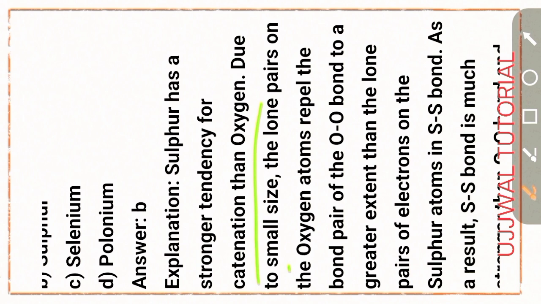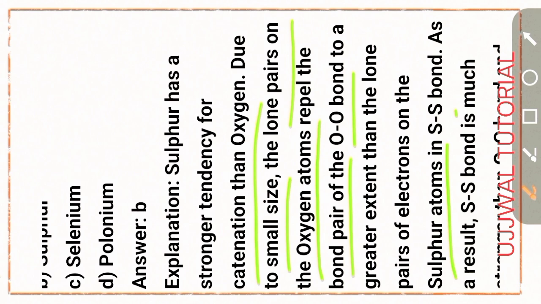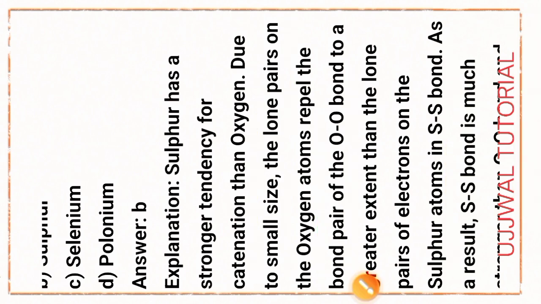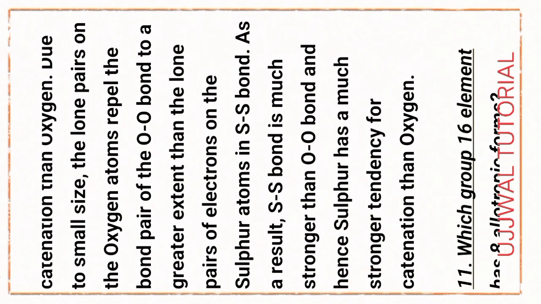Due to the small size, the lone pairs on the oxygen atoms repel the bond pair of the oxygen-oxygen bond to a greater extent than the lone pairs of electrons on sulfur atoms in the sulfur-sulfur bond. As a result, the sulfur-sulfur bond is much stronger than the oxygen-oxygen bond, and hence sulfur has a much stronger tendency for catenation than oxygen.